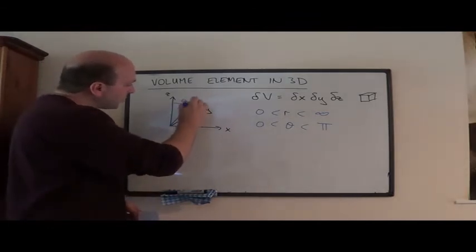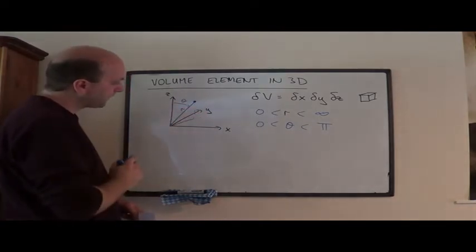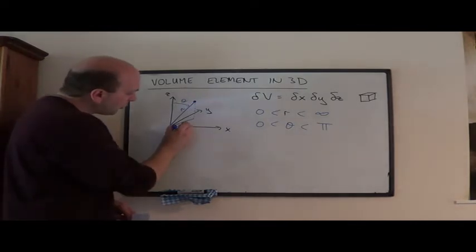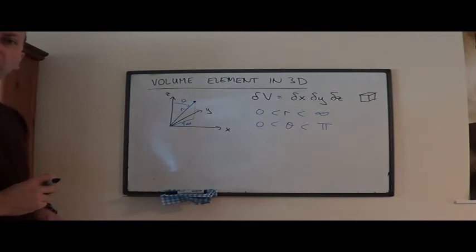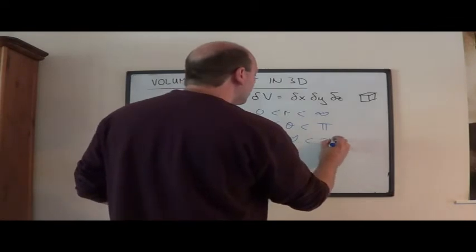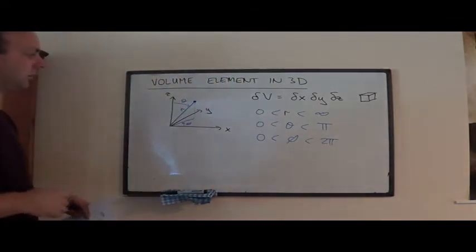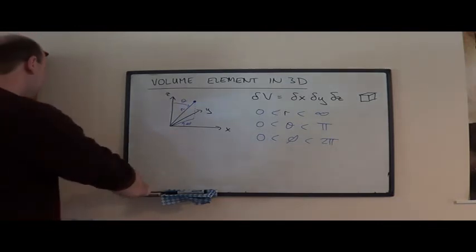What I'm going to do is project this line onto the xy plane, and then create some angle phi in that xy plane, like so. And phi can go all the way around in a circle in the xy plane between 0 and 2 pi.